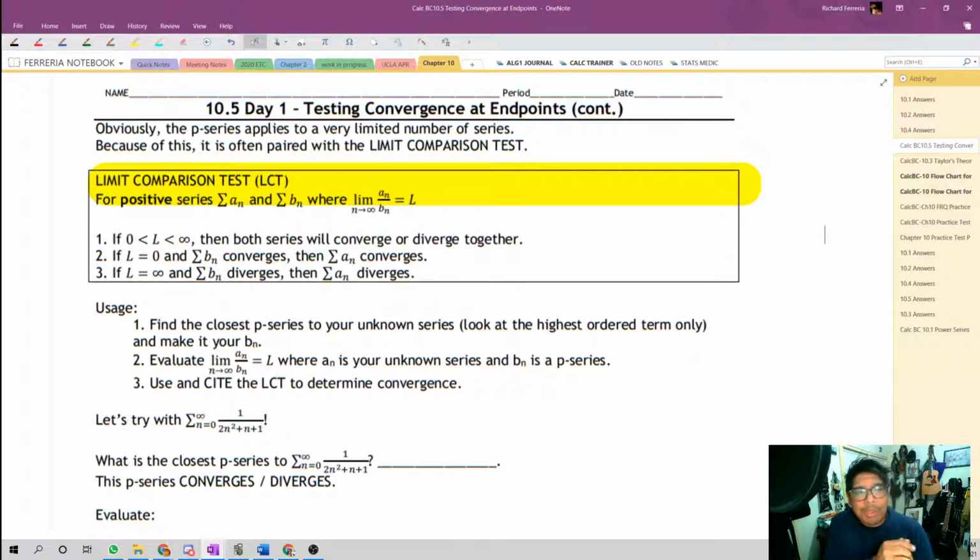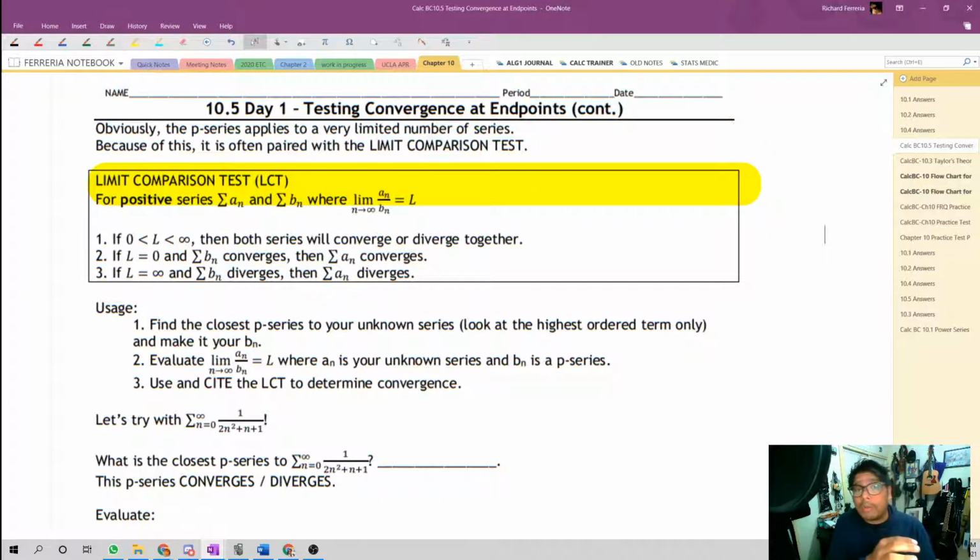So if we have two positive series, A and B, and then we look at the ratio of their general terms, not the ratio test, the LCT test, and we see what the limit of that ratio is. If that ratio is somewhere between 0 and infinity, then both series are going to converge and diverge together.